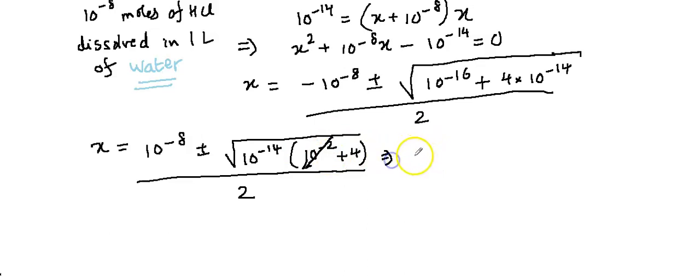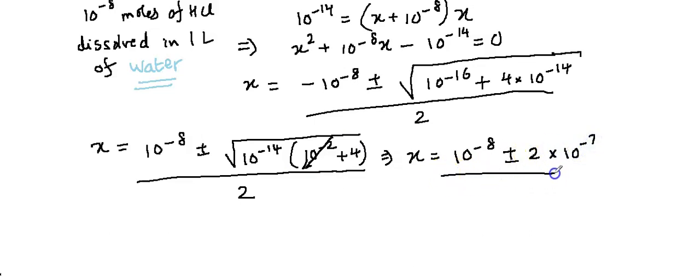So now from here I get that x equals 10 power minus 8 plus or minus square root of this. So that's 2 into 10 power minus 7 by 2. 2 into 10 power minus 7 is 20 into 10 power minus 8. Okay. And x cannot be negative, so I'm going to neglect the negative sign here because that gives me a negative solution of x.